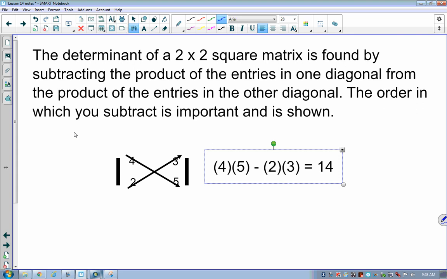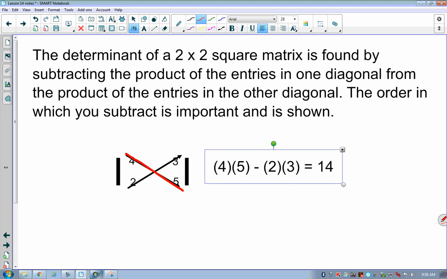So with a 2 by 2, the determinant of a 2 by 2 square matrix is found by subtracting the product of the entries in one diagonal from the product of the entries in the other diagonal. The order in which you subtract is important and is shown. All right, big complicated thing. Basically what we're saying is that first I'm going to multiply top left by bottom right, always.